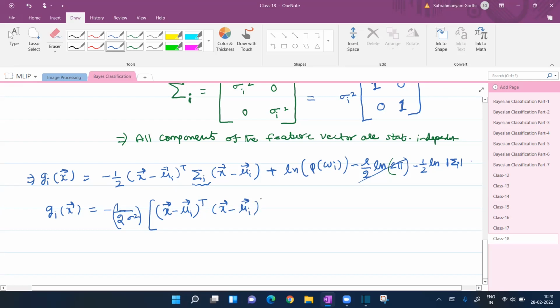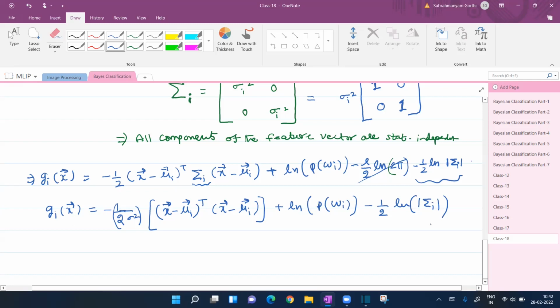Can I write it like this? Then of course I have the natural logarithm of probability of omega i, and this is anyway a constant for a given class. The natural logarithm of p of omega i is also a constant, and for the time being I'll just put it there without much fuss.